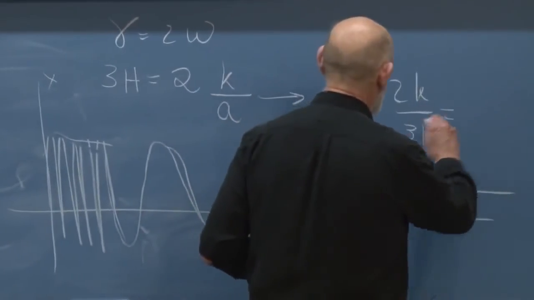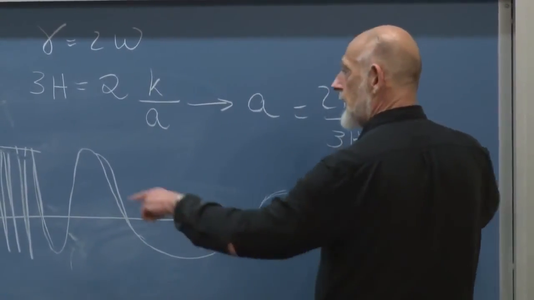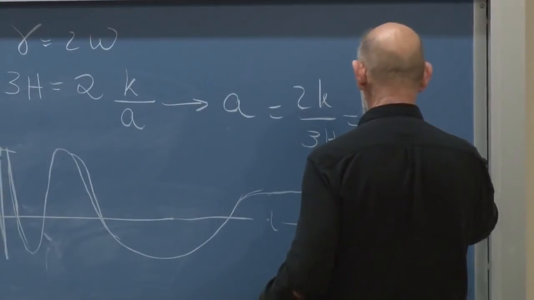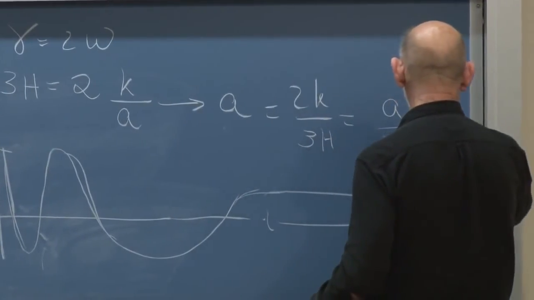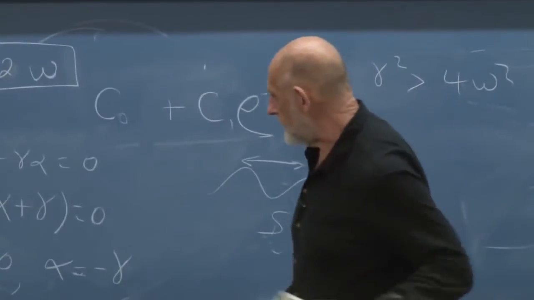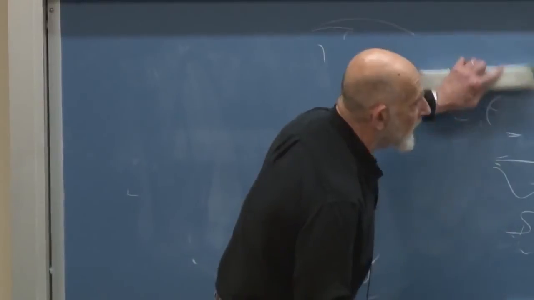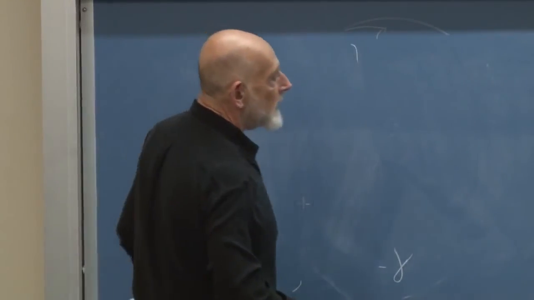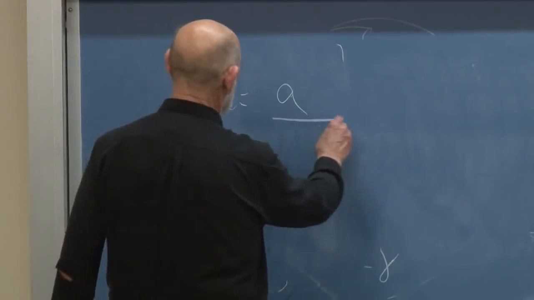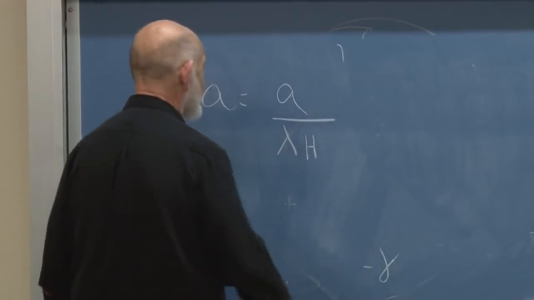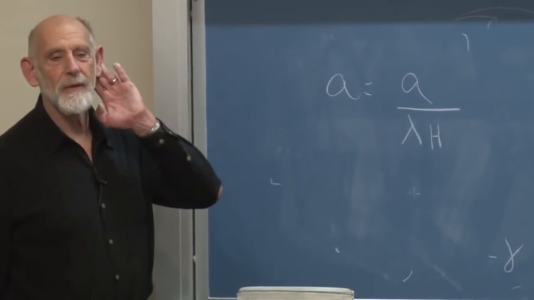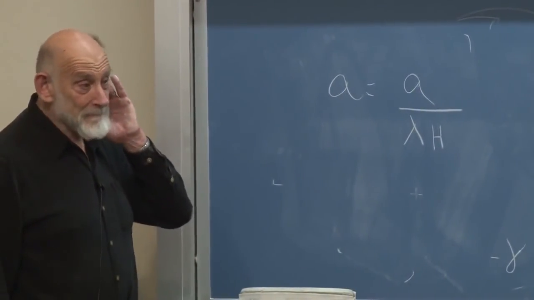So let's put this in. Let's forget the 2/3. K is equal to 2 pi, let's forget that too, A over lambda, that's K divided by H. So the crossover happens when the scale factor is equal to about, give or take a factor of pi's and 3's, A divided by lambda H. You have A on both sides, but one of them's divided.